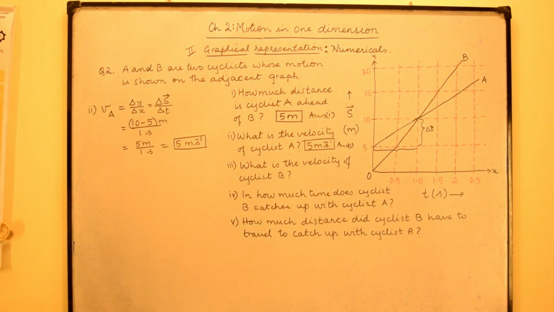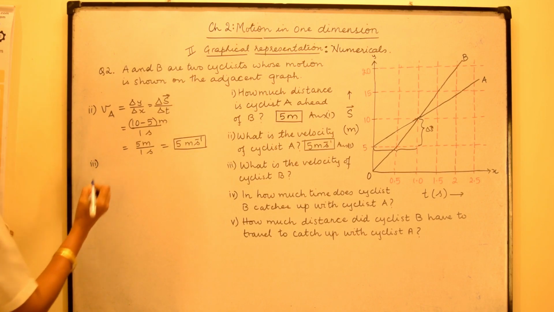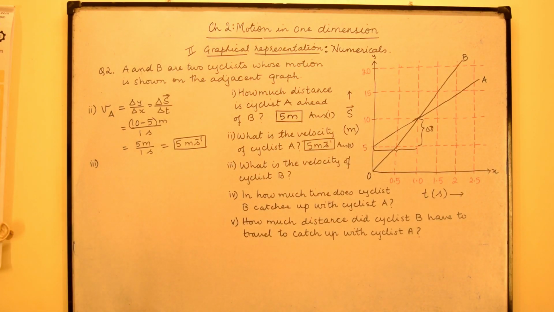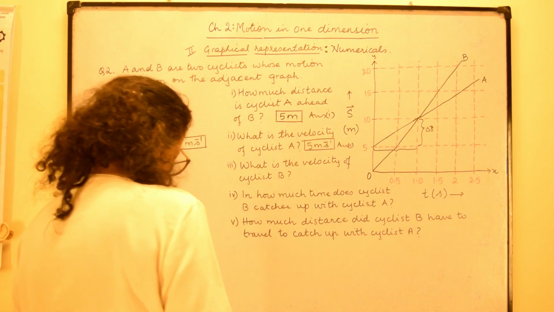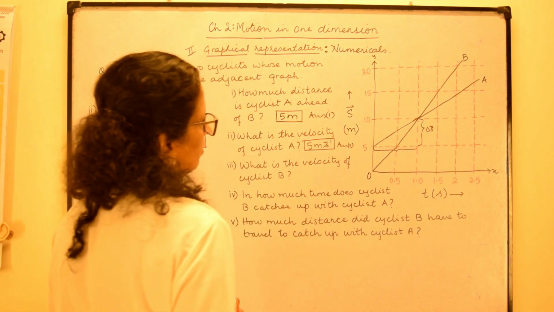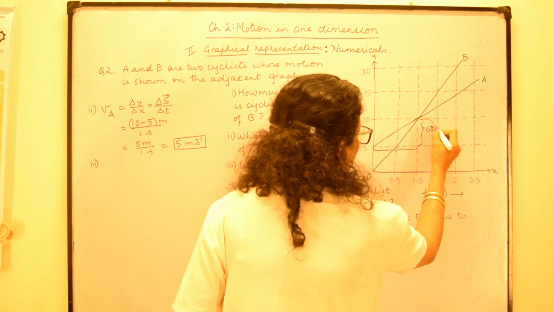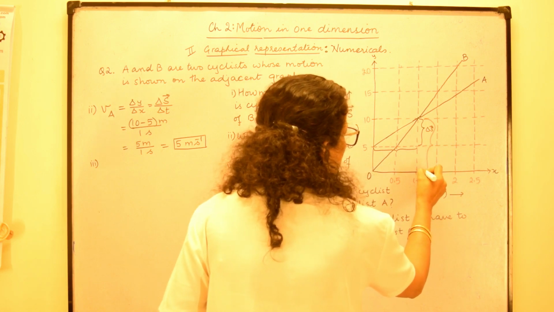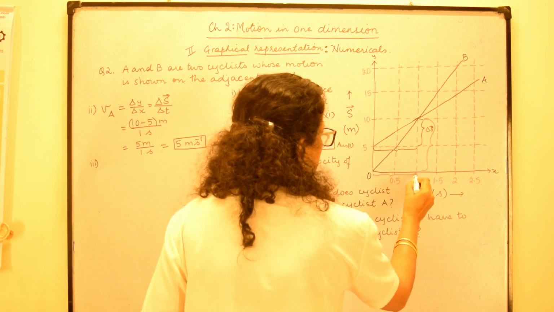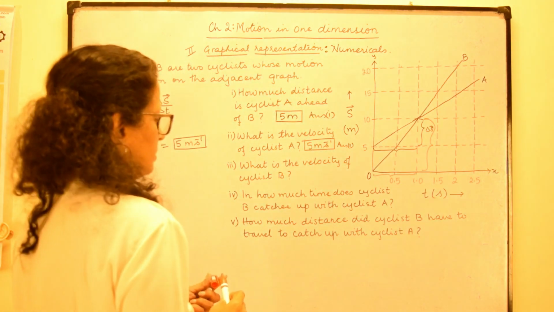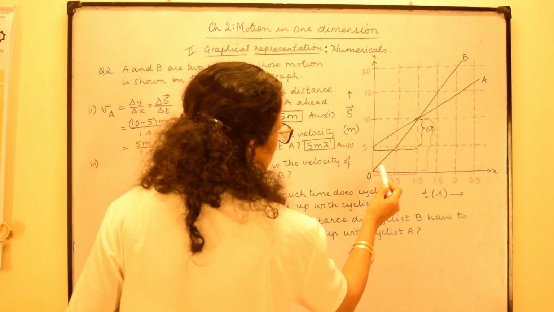What is the velocity of cyclist B? For cyclist B, again we have to look at the graph, and for B, let us take from here to here, that will be your delta y, and from here to here this will be our delta x. So we are taking this triangle like so.